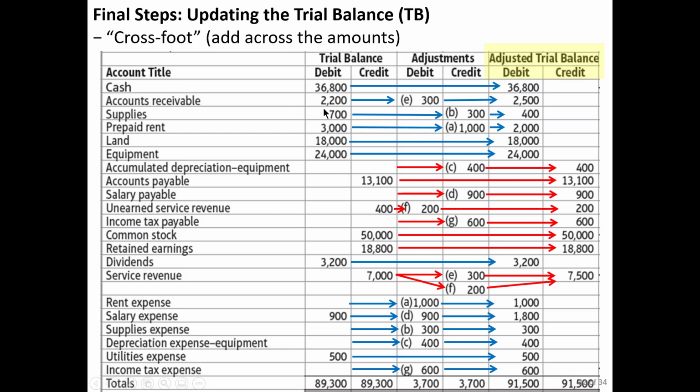But when you look at supplies, it's a debit balance. We are crediting that account. Therefore, the balance is now adjusted downward to 400. Be very careful when you're adding these across. If it's a normal credit balance, then any adjustment that's a credit needs to be added to that credit balance.